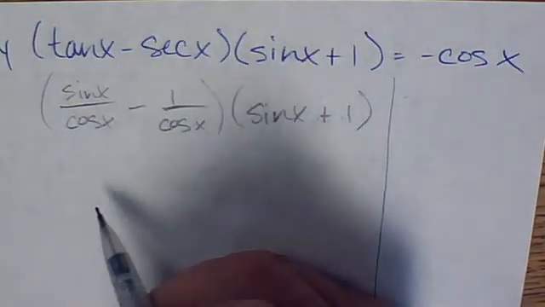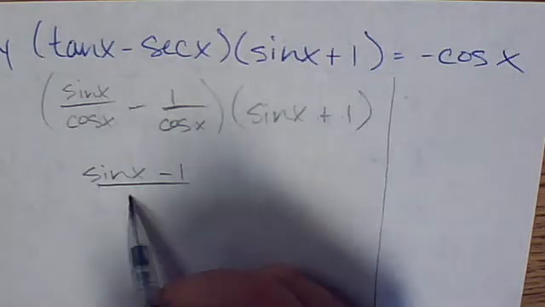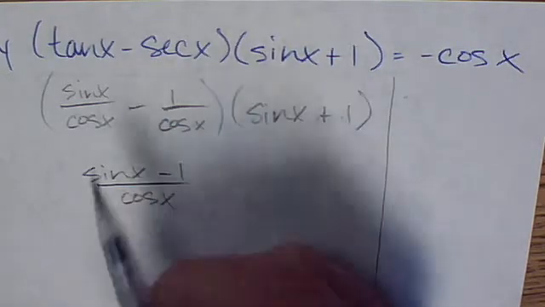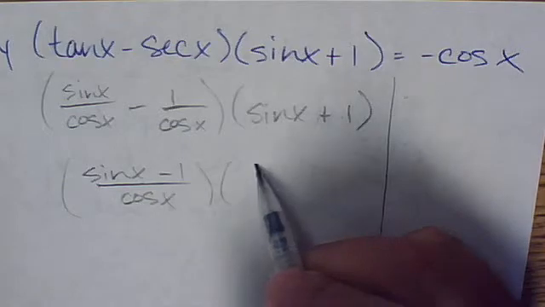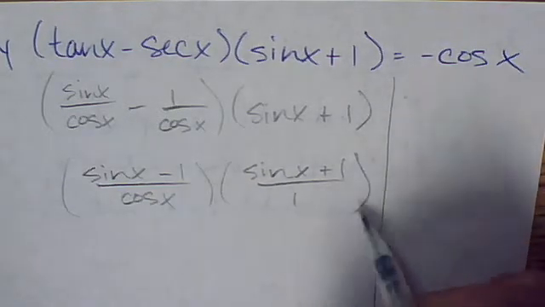Now I've got a common denominator there, so I can write this as sine x minus 1 over that denominator. And that sine x plus 1 is over 1.